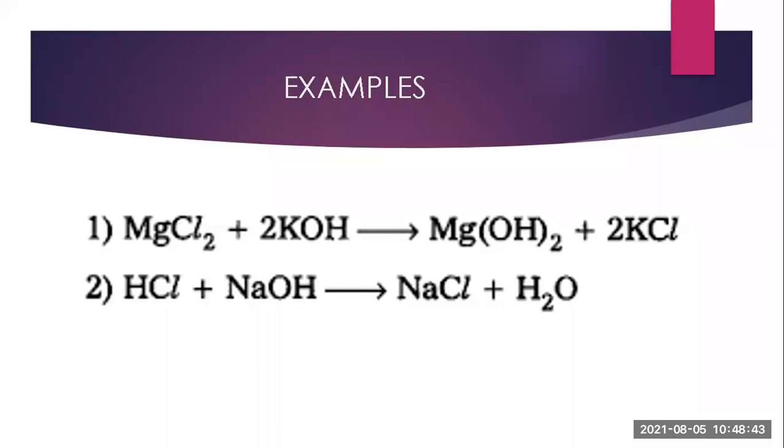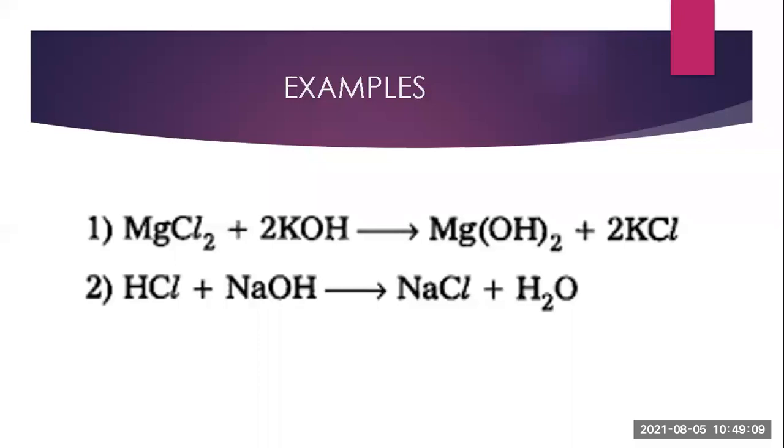Second one is also the same case: hydrochloric acid and of course sodium hydroxide. What happens here? Again exchange of metals or non-metals will take place, and hence we will get the product. Here 2 elements will replace or displace themselves.